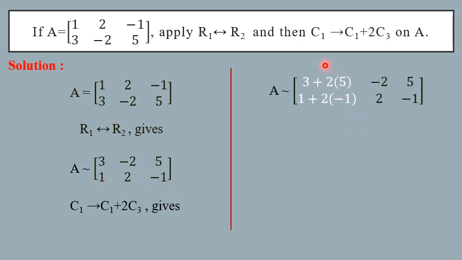So we change the first column according to this transformation: the first element is 3 plus 2 into 5 and the second is 1 plus 2 into minus 1. After performing this operation, we get the matrix A equivalent to this: 10 plus 3 is 13, and 2 into minus 1 is minus 2, so 1 minus 2 is minus 1, with the second and third columns as they are.